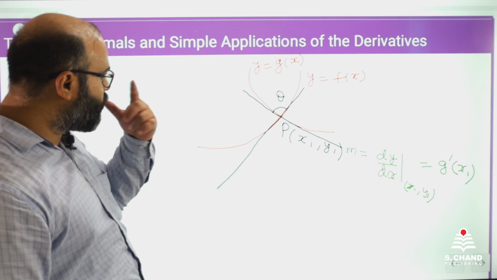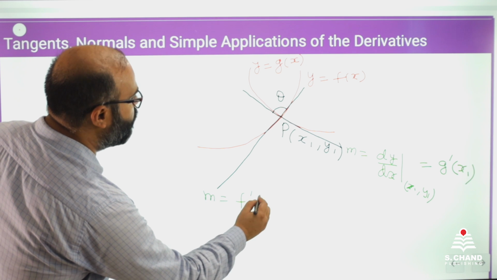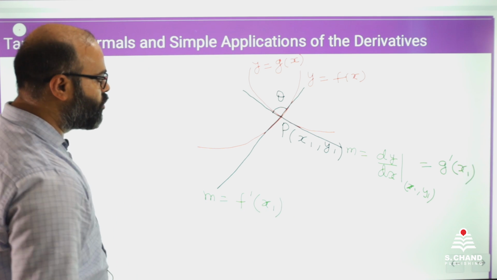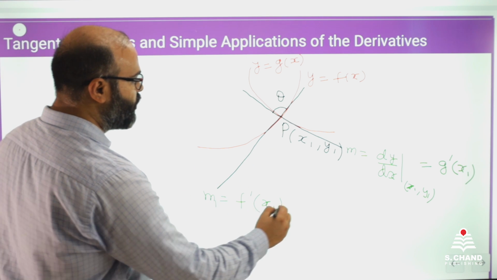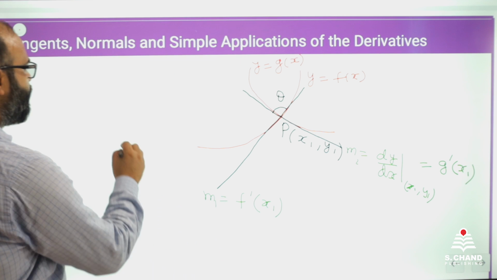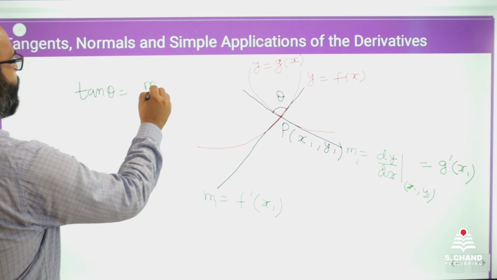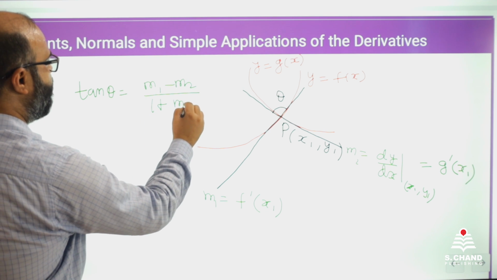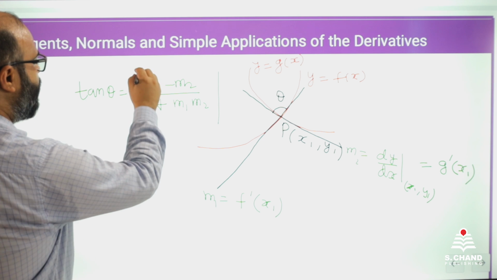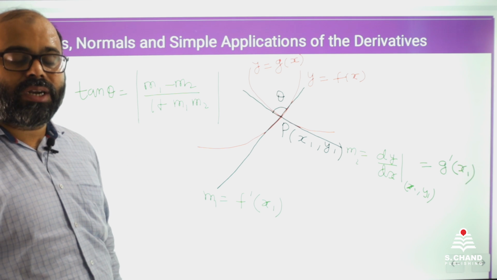And if you talk about the slope of this tangent, this is actually f dash of x1. So this is how you get the slope of these two different tangents. Now the angle between them is theta. So tan theta is equal to mod of m1 minus m2 upon 1 plus m1 into m2. So this is the angle between two lines as we studied in coordinate geometry.